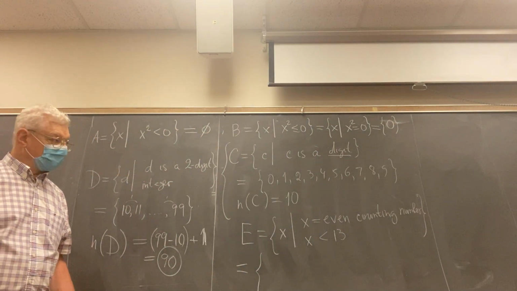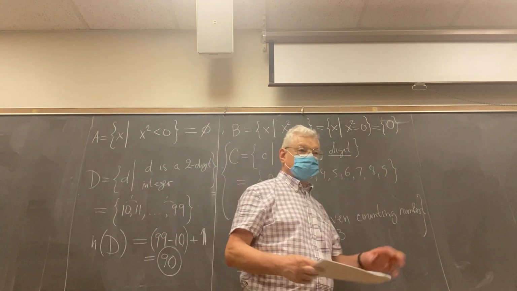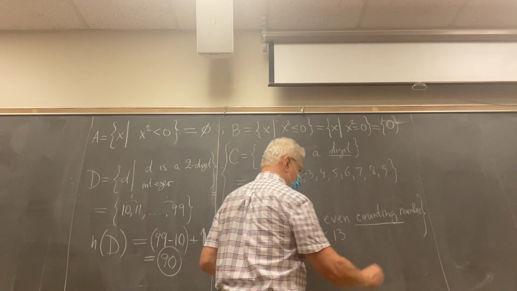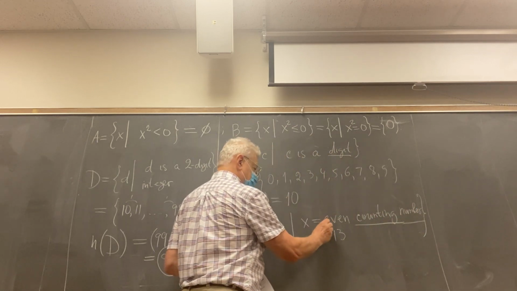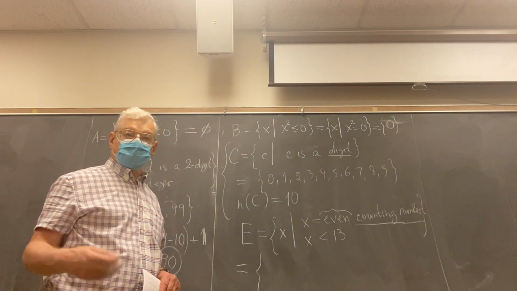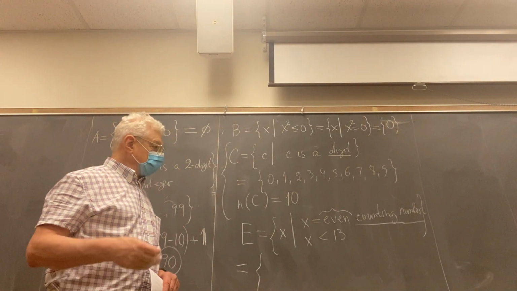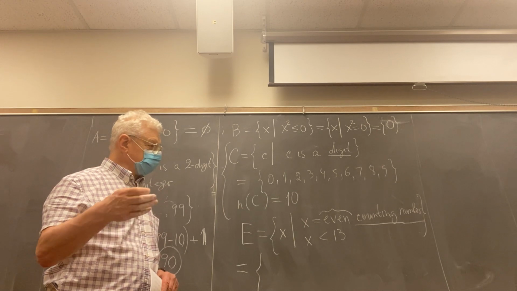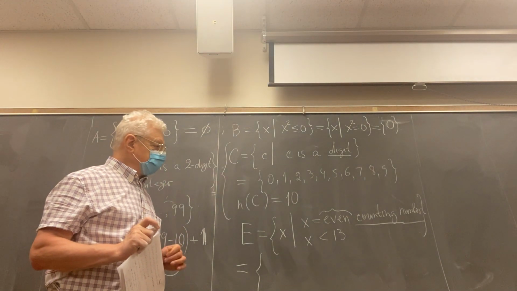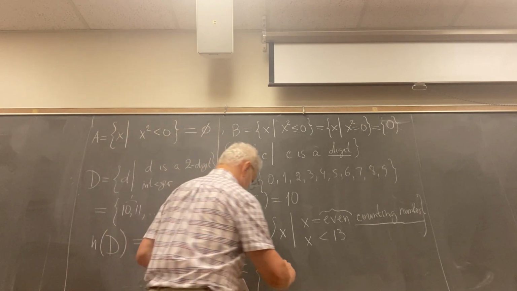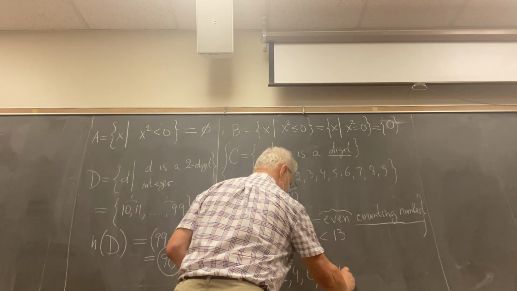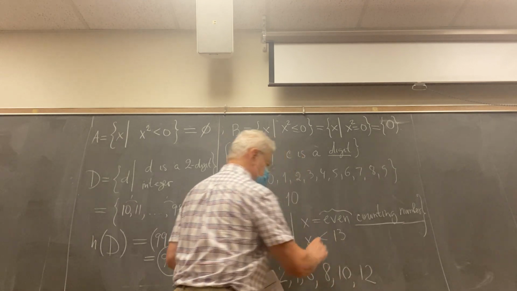It should be counting, so 1, 2, 3, 4, 5 and so on. This is one property, counting number. Second, it must be even. Even means divisible by 2. Okay, so let's write 2, 4, 6, 8, 10, and 12, because it's less than 13.